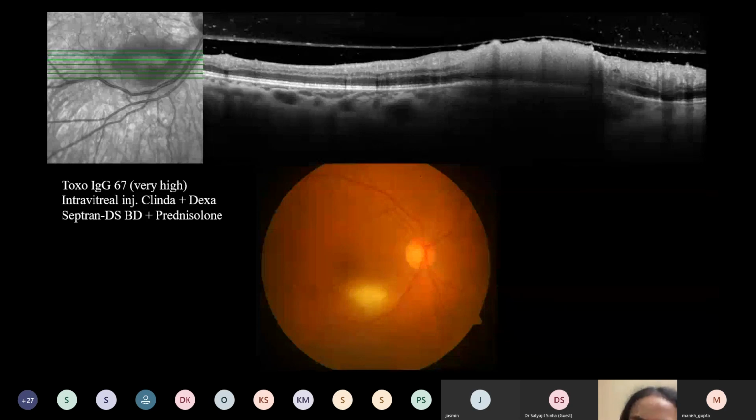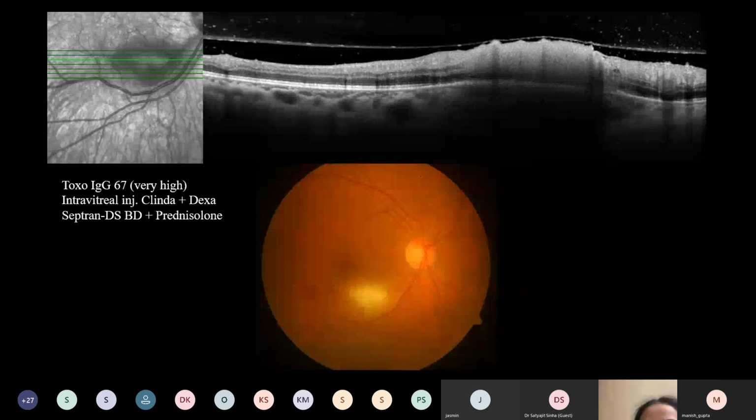When clinically you are very sound with the diagnosis of toxo, your history tells you, and maybe you have a serological titer with you, all that you do is, clinically you know that it's a retinitis lesion quite fitting into toxoplasmosis. You do an OCT, you see that the retina is involved, and it may be a retinochoroiditis where the choroid is involved secondarily.